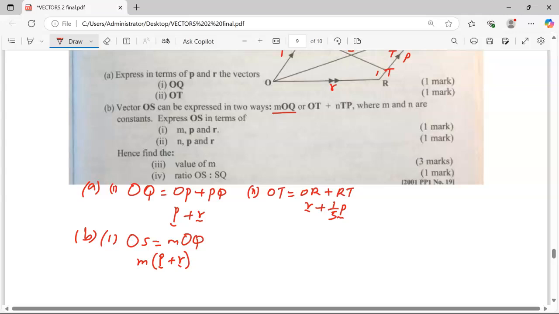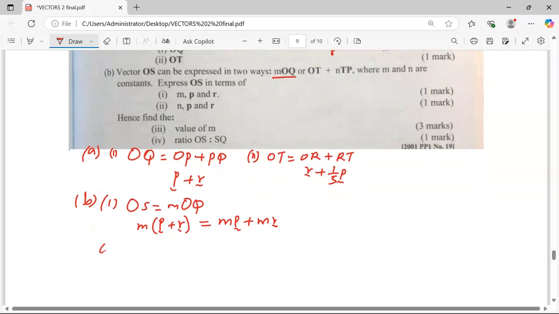This way, we are going to have MP vector plus MR vector as the first OS. Another OS can also be found by using the route OT plus NTP.